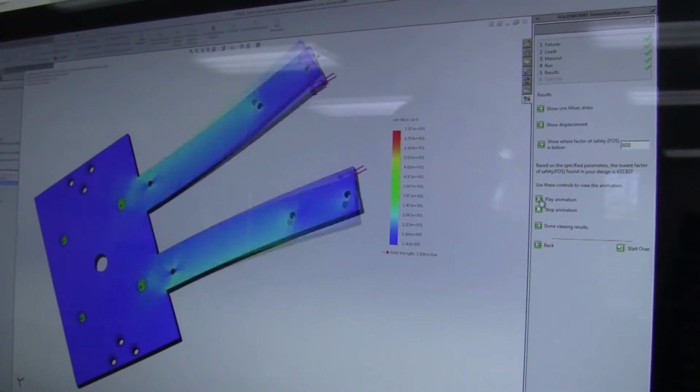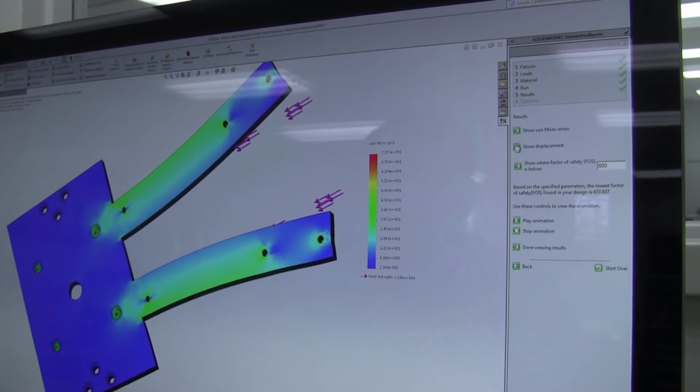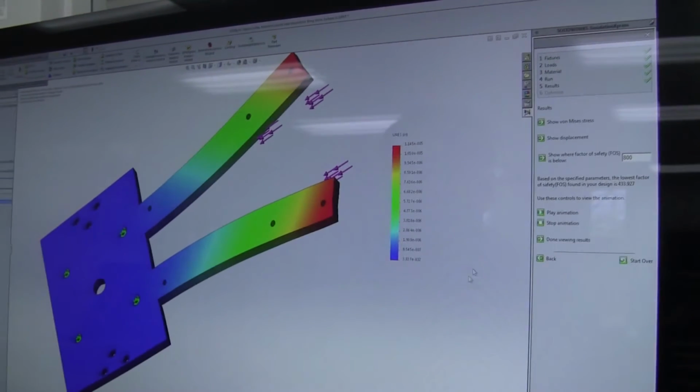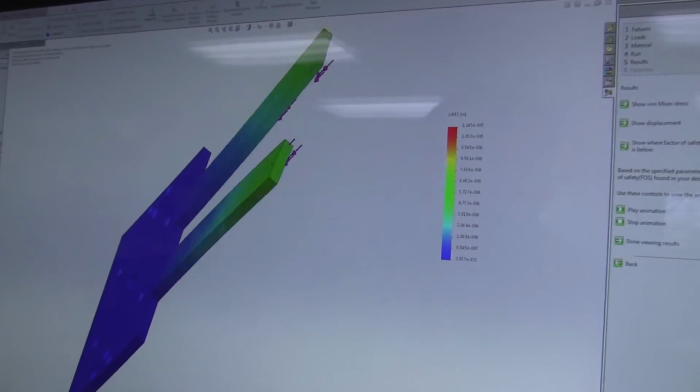And so with this software, you can put different requirements in, such as forces or pressures or other stresses that you would have on your design.